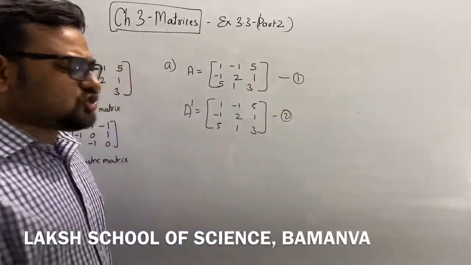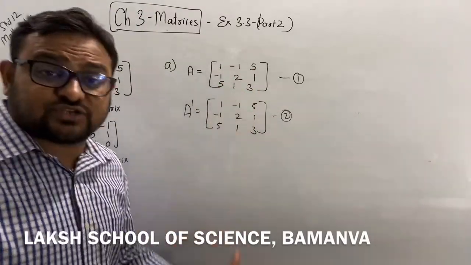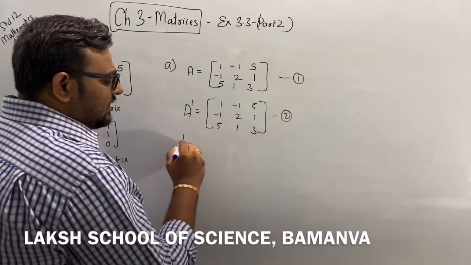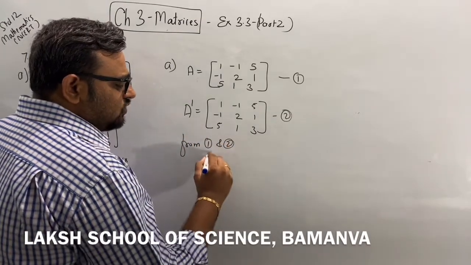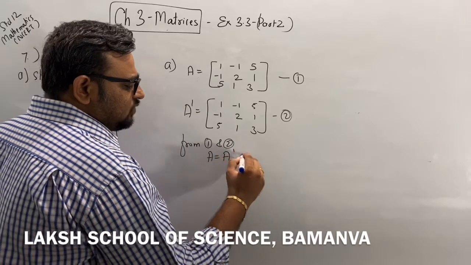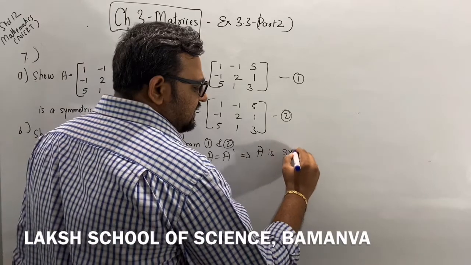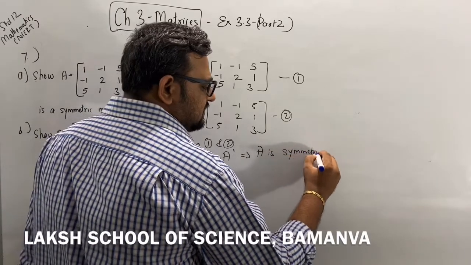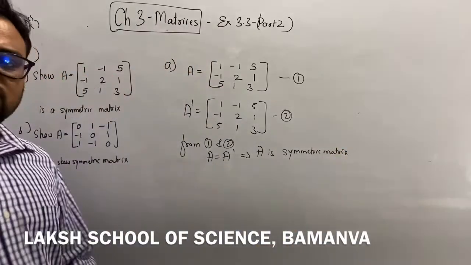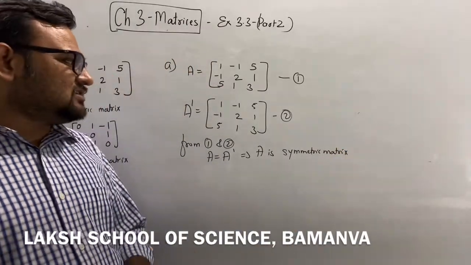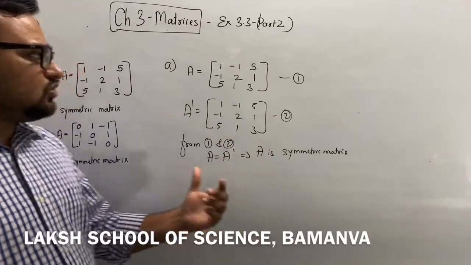Call it 2. Now just observe it. First row same, second row same, third row same. So what does that imply? From 1 and 2, A is equal to A transpose. That means A is a symmetric matrix. So it's very simple, just transpose it. Both are equal, so it's a symmetric matrix. So note down this sum.